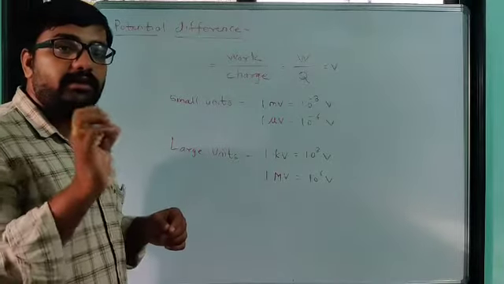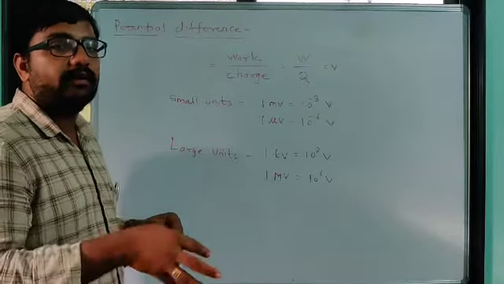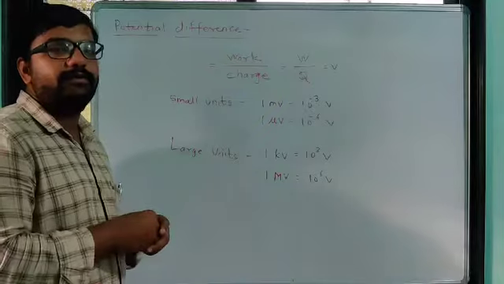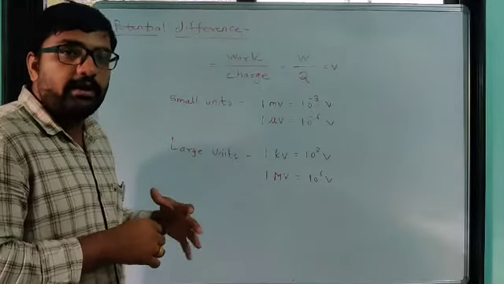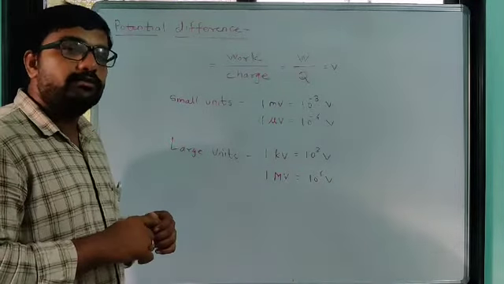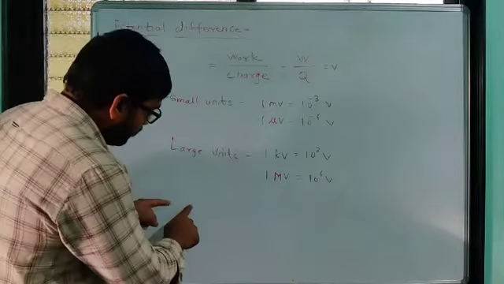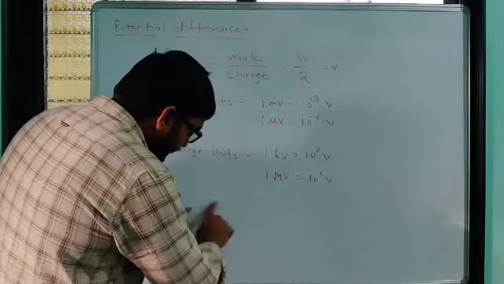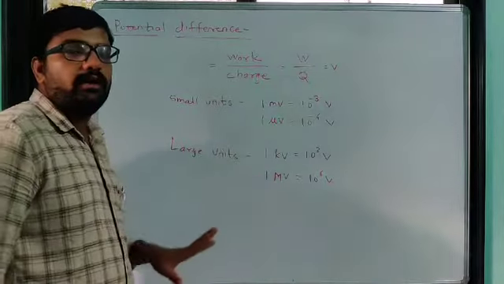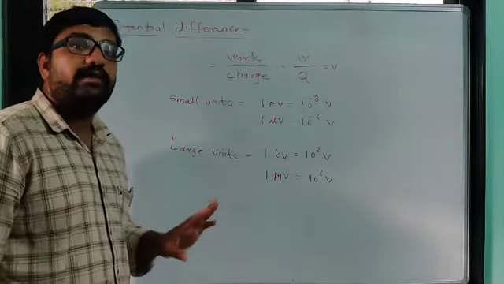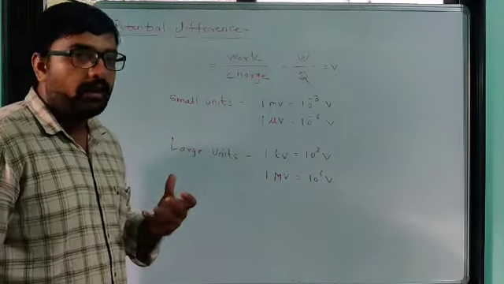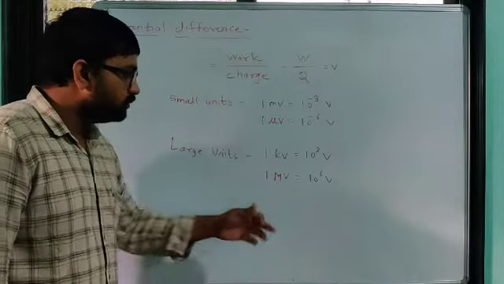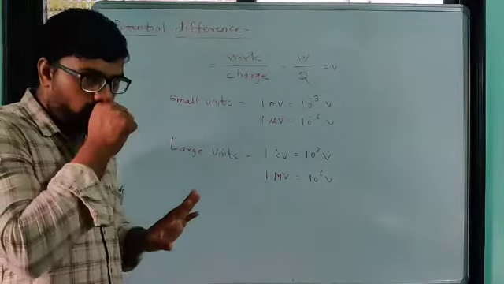So simply, potential difference is a work. If you consider one positive charge and carry that charge from here to here, to carry this charge from one point to another point, first we have to do some work. Unless we do some work, this motion is not possible.